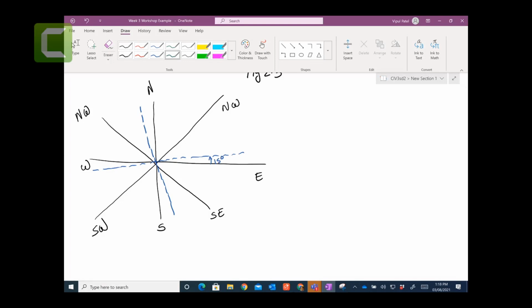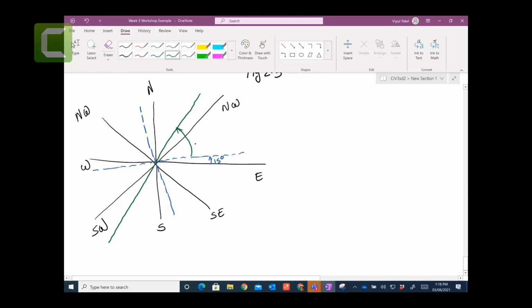Now from this one, let me draw the green one. So let me draw up the line here, which is plus 45.